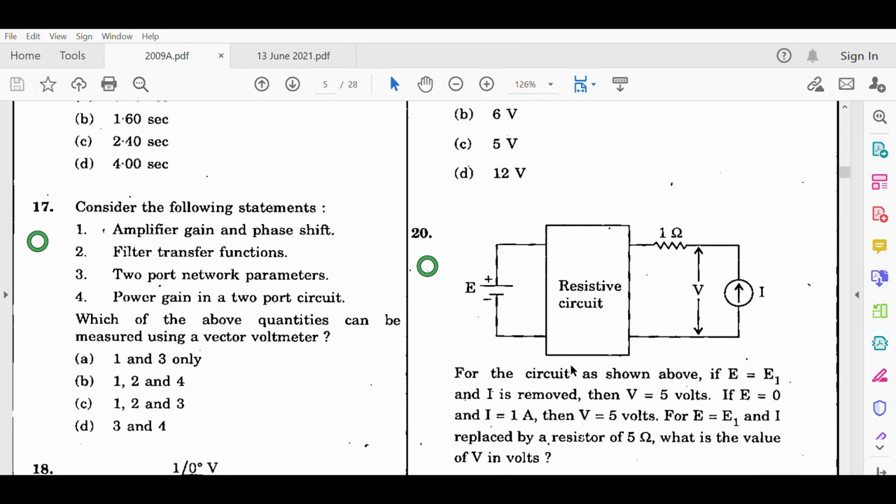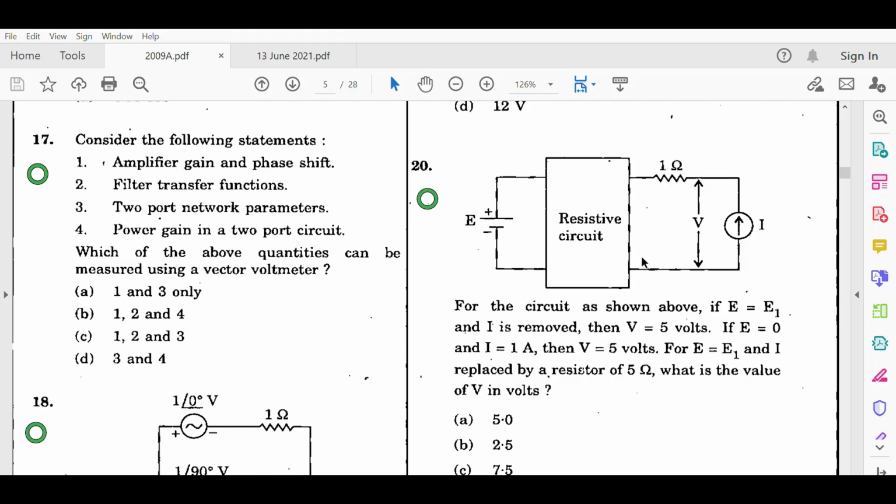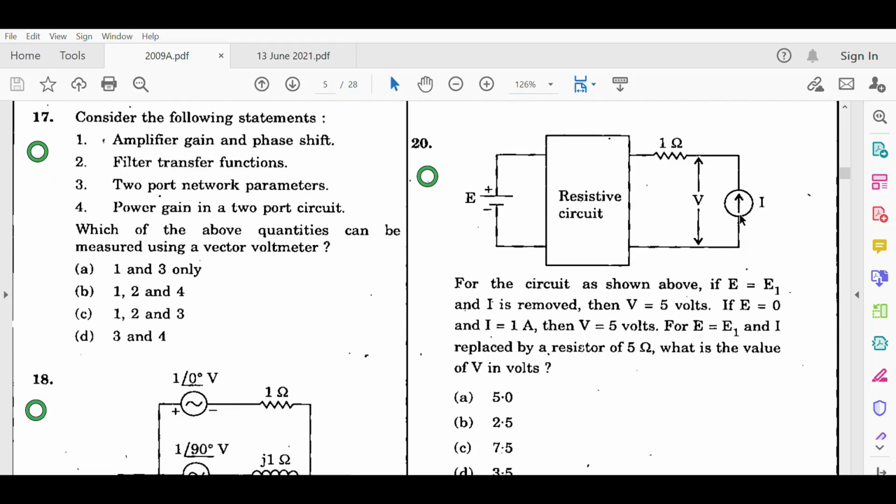Now we'll move on to the 20th question. In the 20th question, they have given us a circuit and they have asked: for the circuit as shown above, if E is equal to E1 and I is removed, then V is equal to 5 volts.